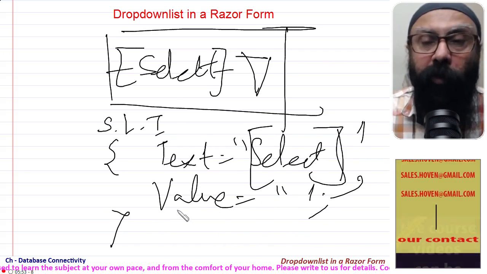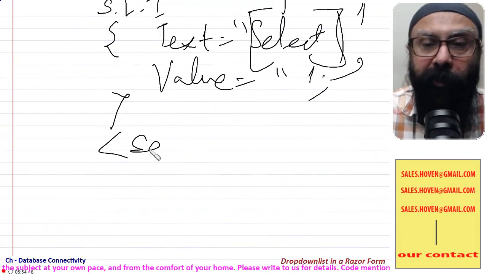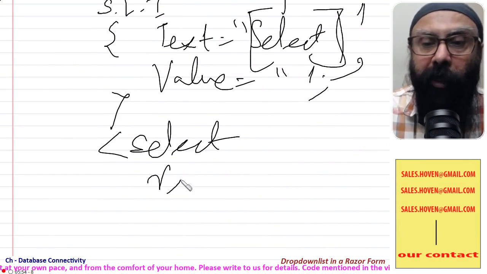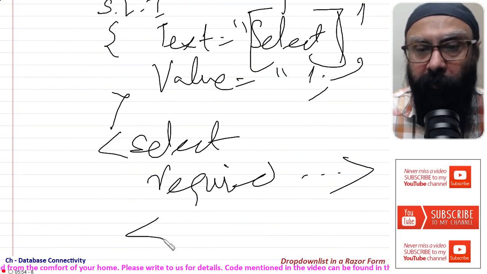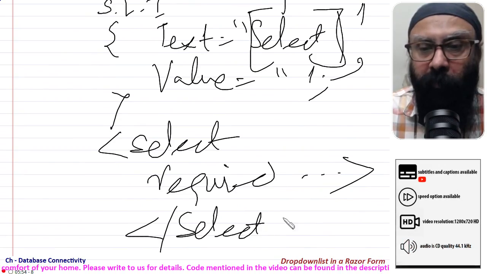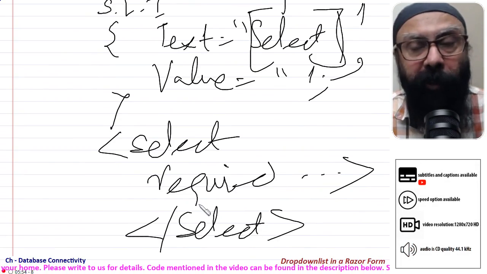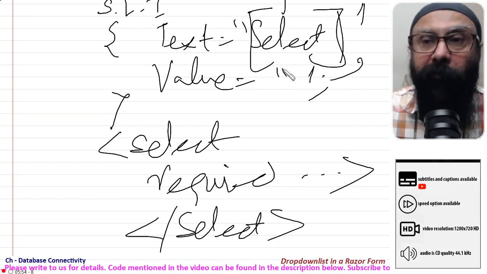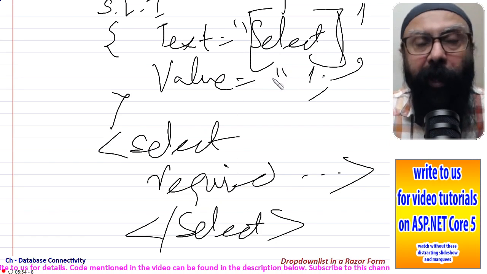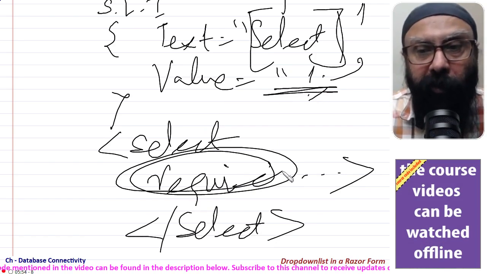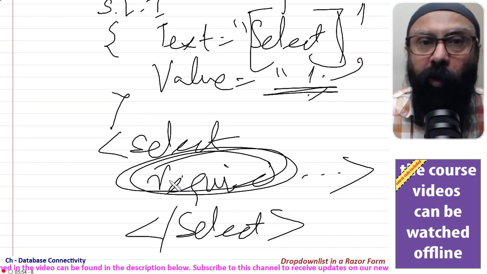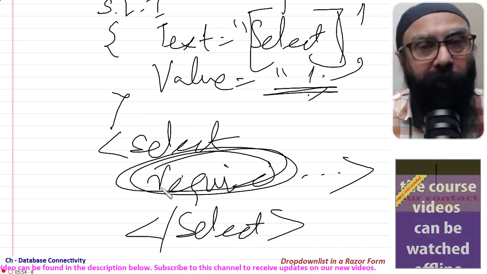And when you write that select tag, a required attribute is set, so that if this is selected and the form is submitted, this empty value and this required attribute cause client side validation to fire.